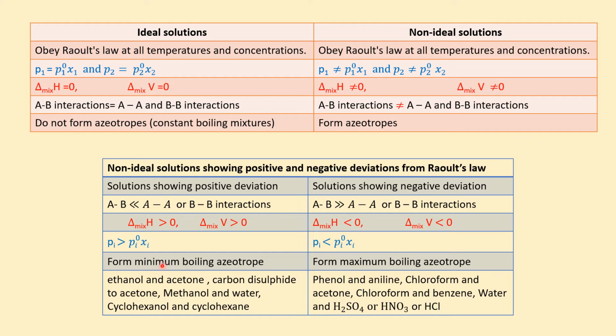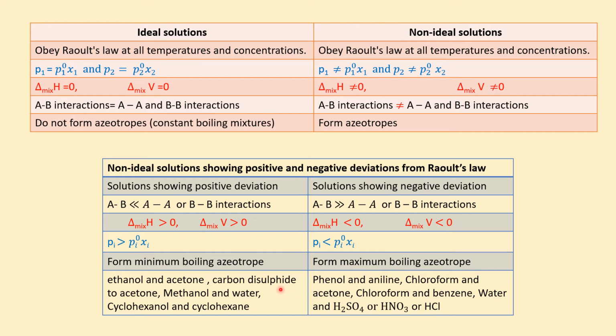The positive deviation solutions form minimum boiling azeotrope, whereas negative deviation solutions form maximum boiling azeotrope.